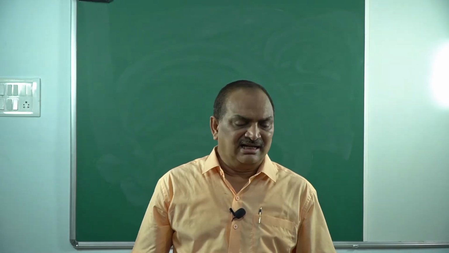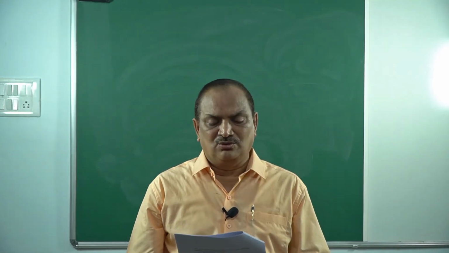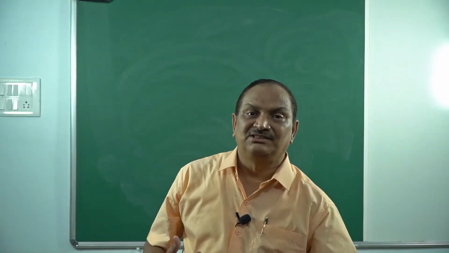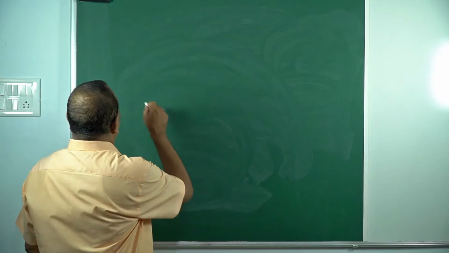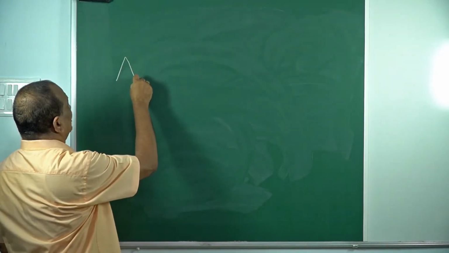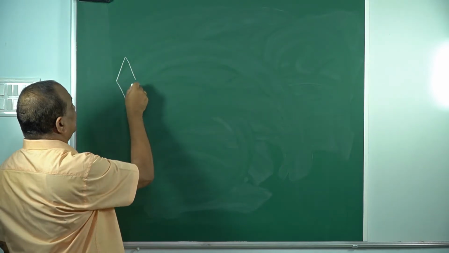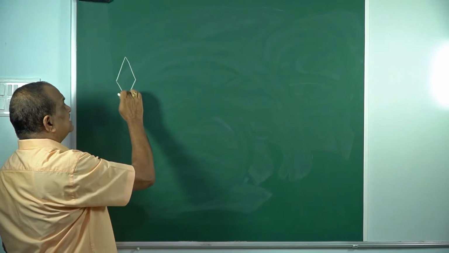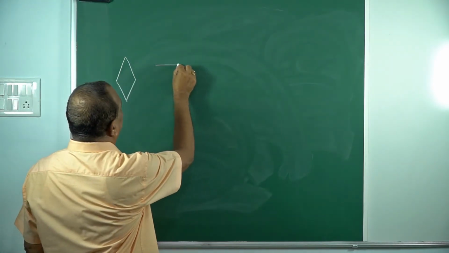Okay, let us quickly understand what kind of figures you are going to get. A quick recap of what you learnt. This is a rhombus. All sides are equal, but all angles are not equal. But if each angle becomes 90 degrees, then you probably get a square.